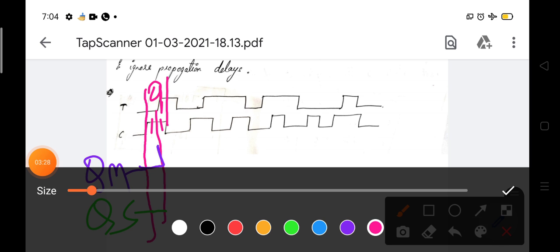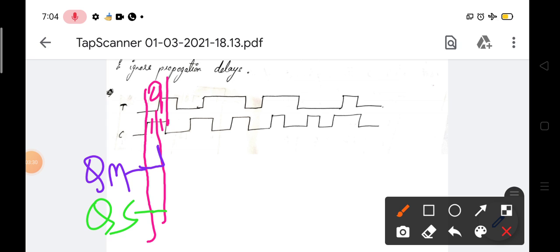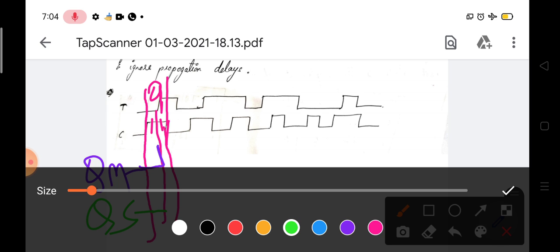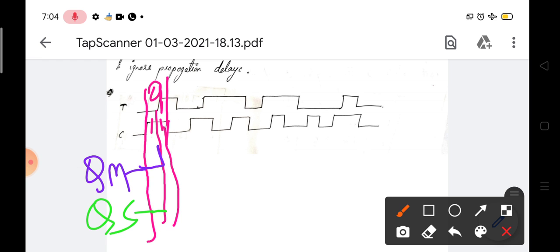QM is going high, but QS still retains its state because it has to change its state at the falling edge of the clock.